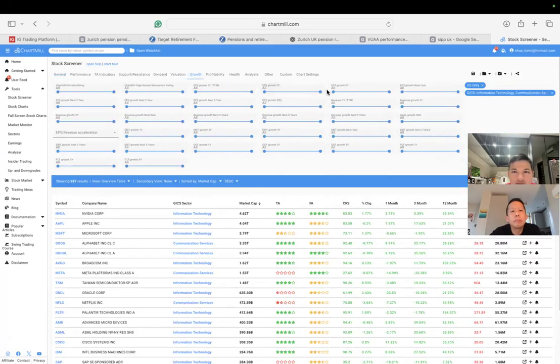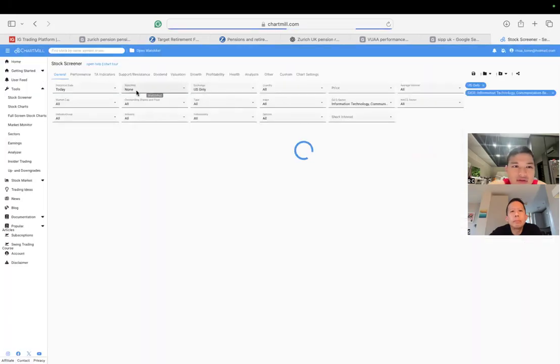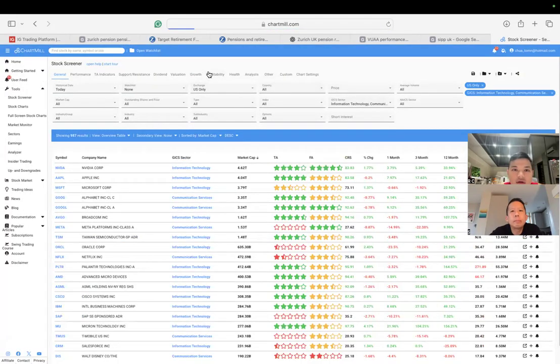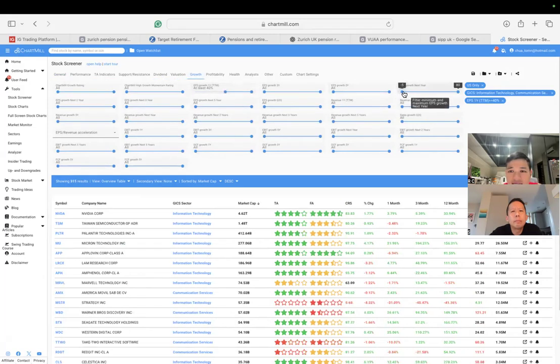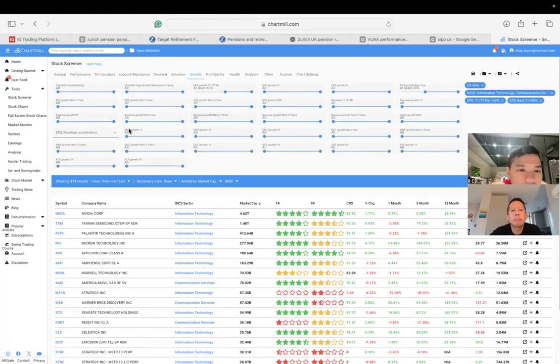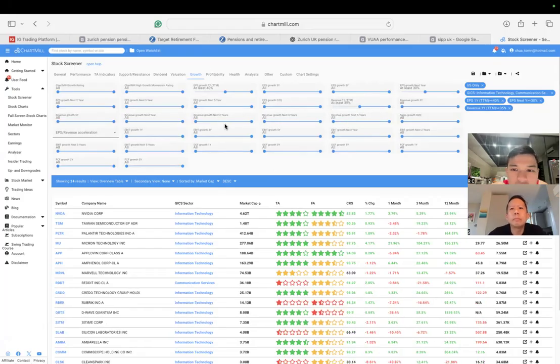The growth that we want, if you remember, we want at least 30%, 40% is okay. At least more than 30. And if you choose like that, the EPS, we've done it, revenue, we want it to be more than 30s as well. I think that's about it.